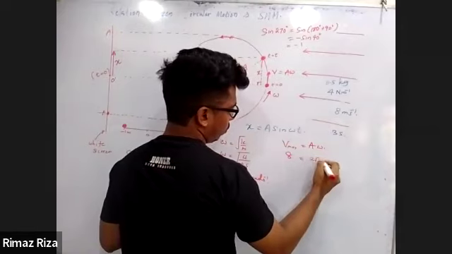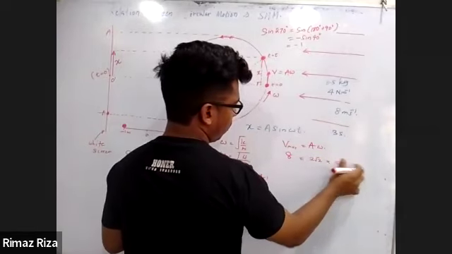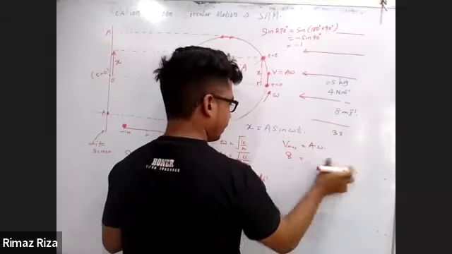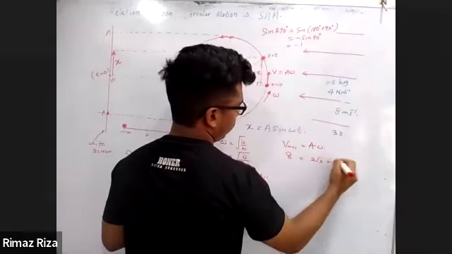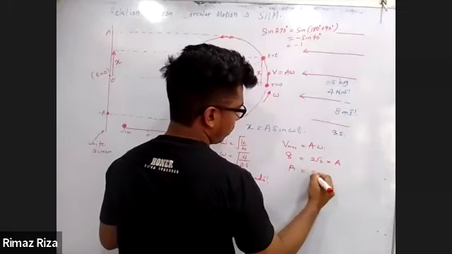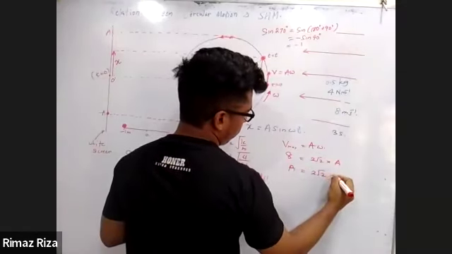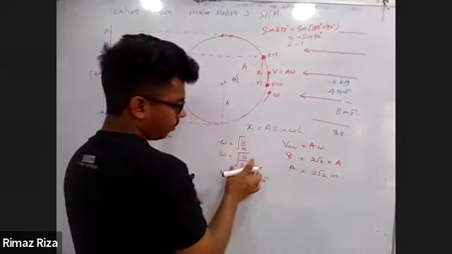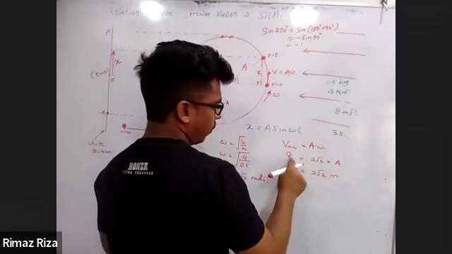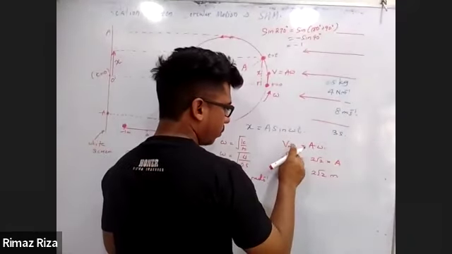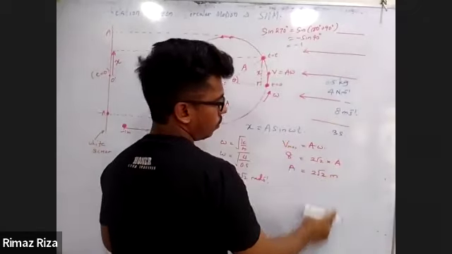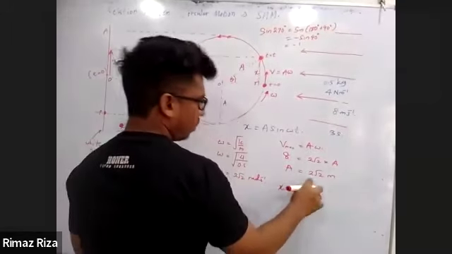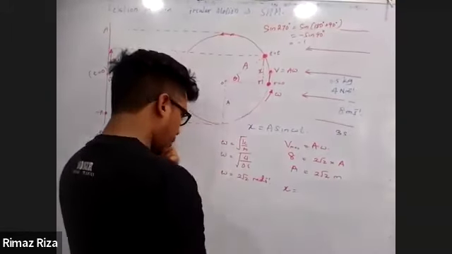Therefore a equals 8 divided by the square root of 8, which is again the square root of 8, that is 2 root 2 meters. That is the amplitude of the simple harmonic motion.